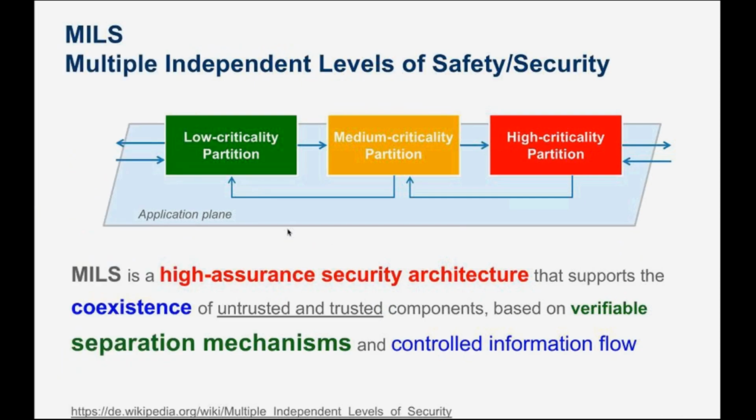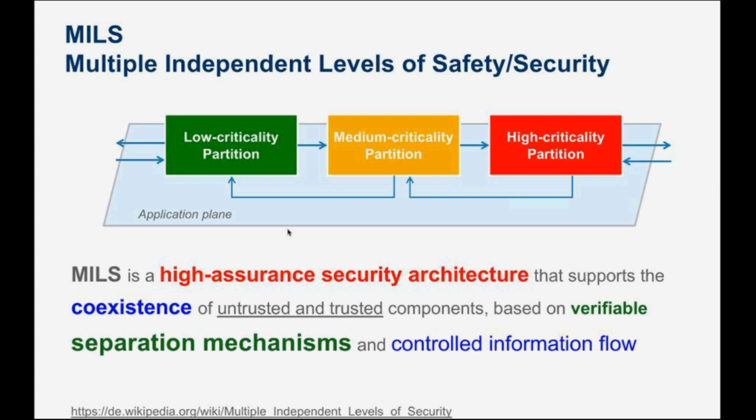So what does MILS actually mean? It means multiple independent levels of safety or multiple independent levels of security. So it's actually an architecture idea of how to support the coexistence of applications of different criticalities. You could have applications with low criticality, medium, high, and you have defined communication channels between them.